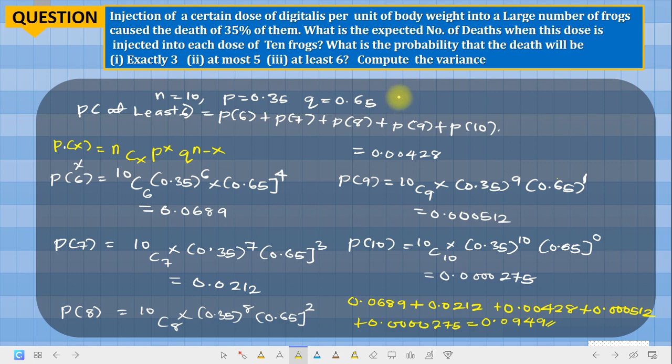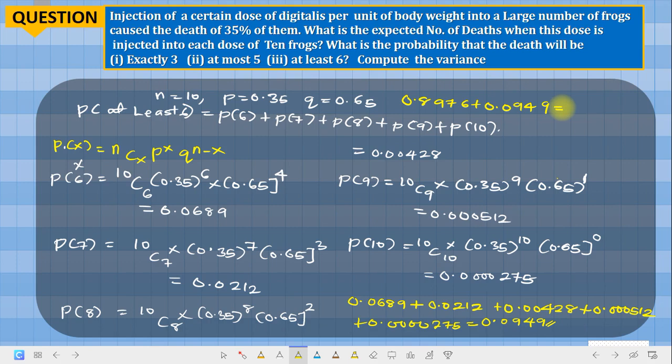The probability from 0 to 5 is 0.8976. The probability from 6 to 10 that we calculated is 0.0949.